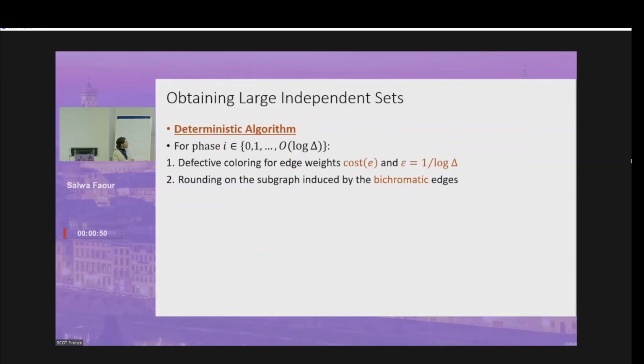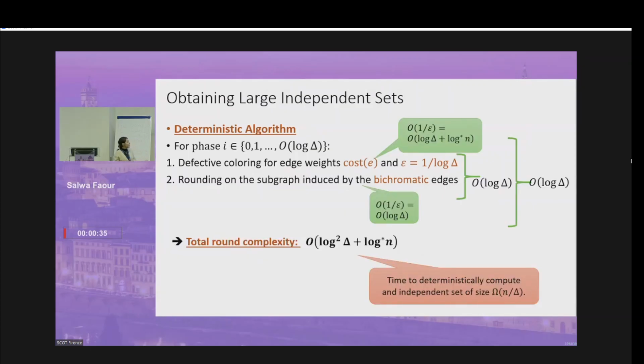So now the final algorithm would be: run those log delta phases and iterate through them. In each phase, we run this defective coloring and then do the rounding on the bichromatic part. So the time complexity: step 1 takes, I forgot the additional log star factor at first, but roughly log delta.